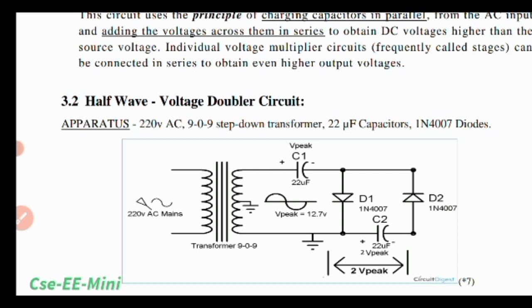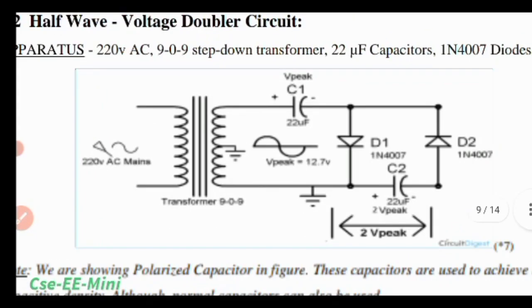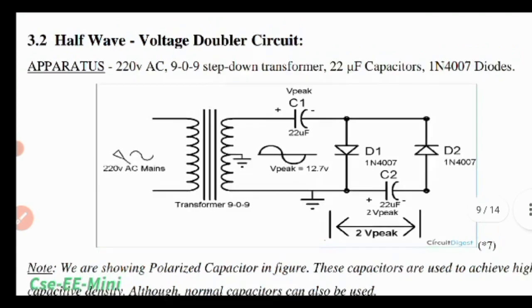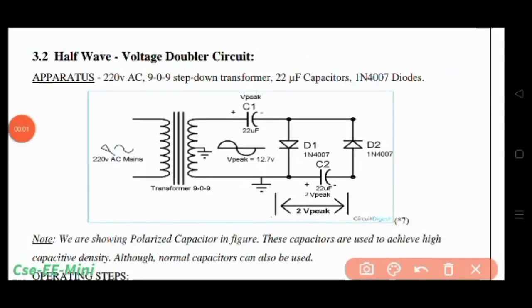If we are using two stages, then it will multiply the AC voltage by 2 times and convert it into DC voltage. For example, if we are getting 12.7 volt, here you can see it is a half wave voltage doubler circuit. So the half wave voltage doubler circuit will multiply the AC voltage 2 times and convert it into the DC voltage.